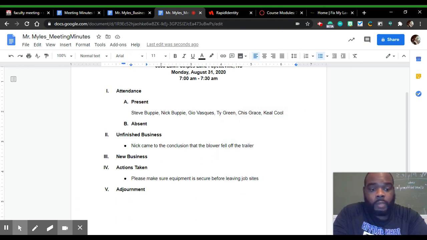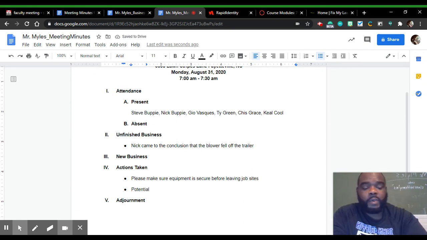And also, considering that the blower got lost and everyone knows the individuals that were present when the blower got missing, there is going to be a potential loss of income because that piece of equipment has to be replaced.